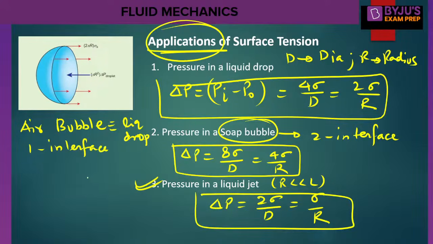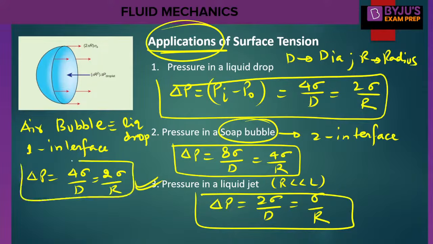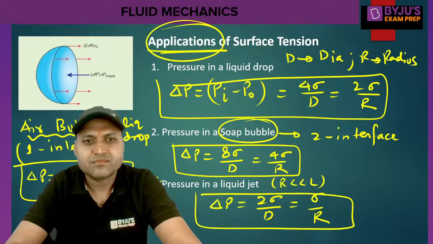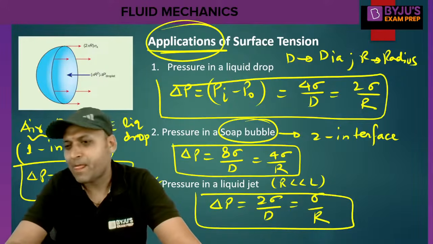And that is why delta P is equal to 4 sigma by D or 2 sigma by R. There is a difference between soap bubble and air bubble. Air bubble is having only one interface, whereas soap bubble is having two interfaces. All right, clear?